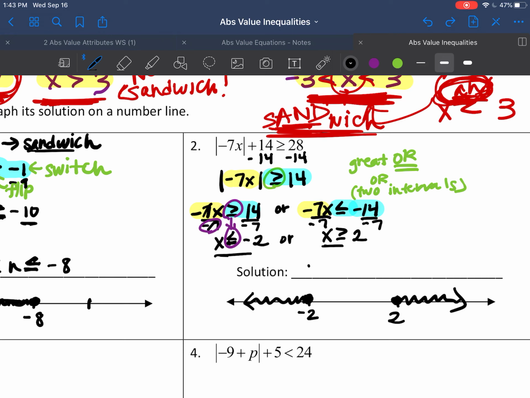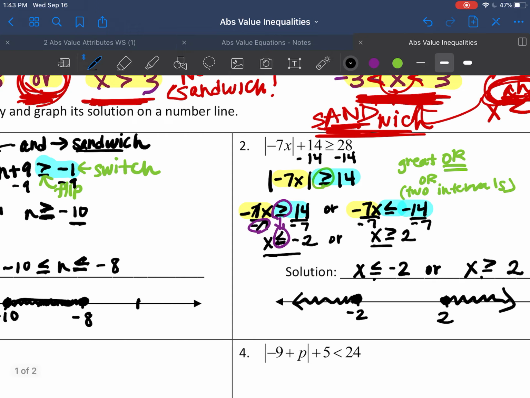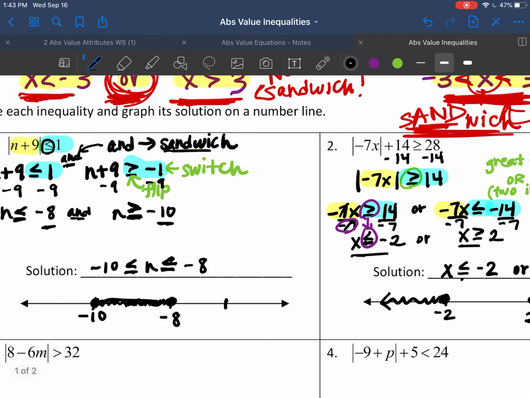For our final answer, we have to write 2 separate answers separated by an or. It's customary to write it in numerical order, so put the negative 2 before the 2 separated by the or. And remember, your final answer will never have 2 inequalities facing the same direction, except when you write your sandwich, where they're always facing to the right.